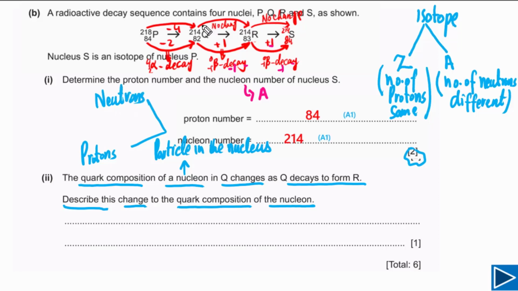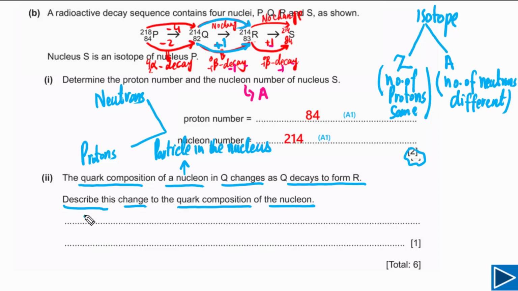Now, if you look at this given nuclear decay, means radioactive decay, we can see when Q decays to R, there is no change in the mass number. But if you look at atomic number, it is increasing by 1. If atomic number increases by 1, it means proton number increases. But the mass number is not changing. It means neutron number decreases.